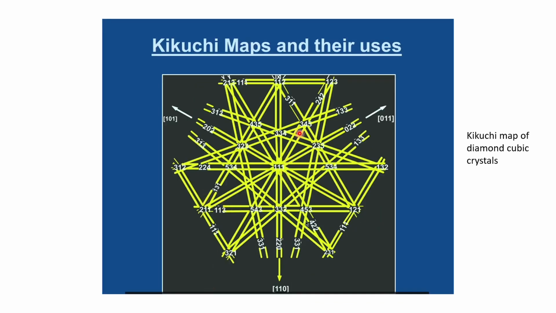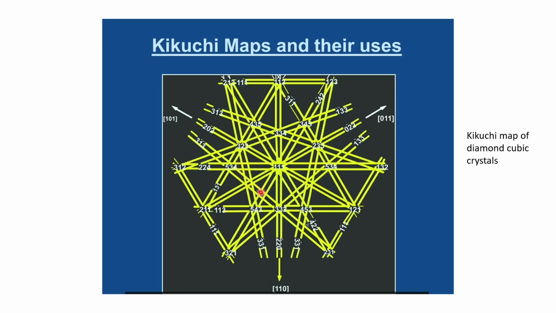Basically, I told you that these Kikuchi lines represent the planes. If you want to go from this 111 to some other zone axis, you follow some plane and then tilt your specimen. Tilting your specimen and all these things will come in the TEM part.